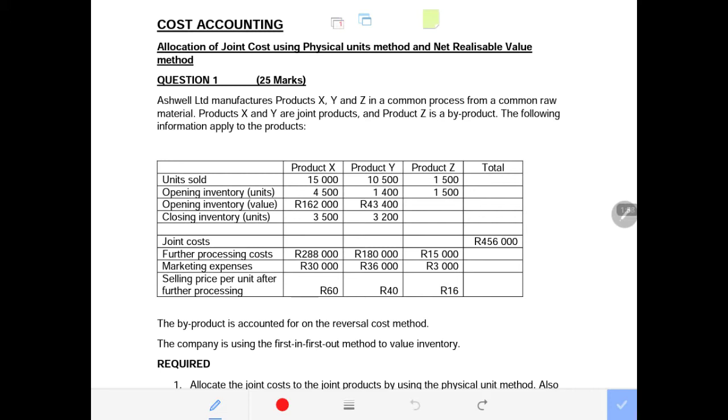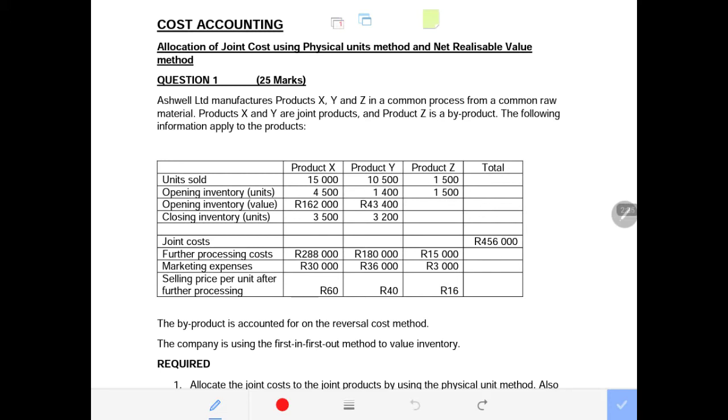There's only one process where all the raw material goes through, and product X and product Y are joint products, meaning they are costs that are incurred jointly to produce product X and product Y. When we speak of joint cost, we know that these are the costs that are incurred jointly at the beginning of a certain stage.